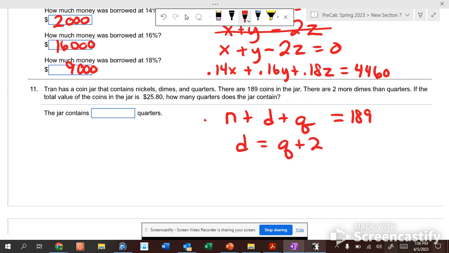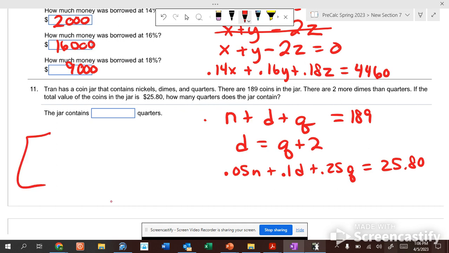That's two more dimes than quarters. Okay? If the total value of the jar is 2580, then we go 0.05N plus 0.1D plus 0.25Q equals 2580.